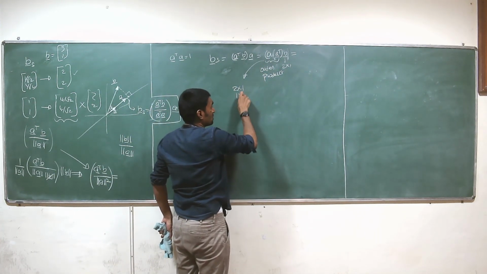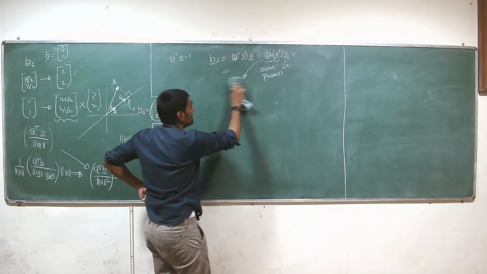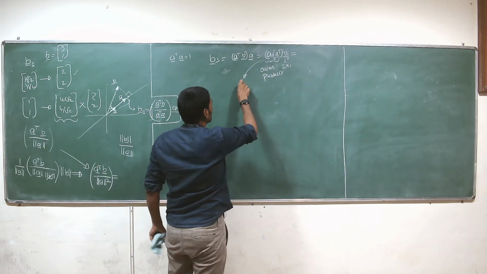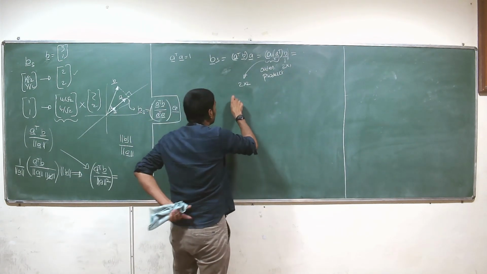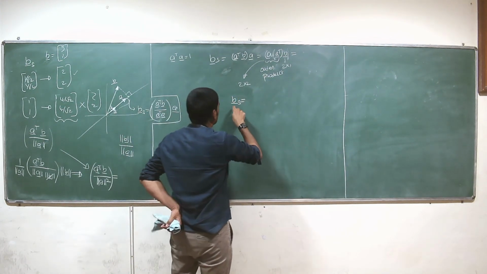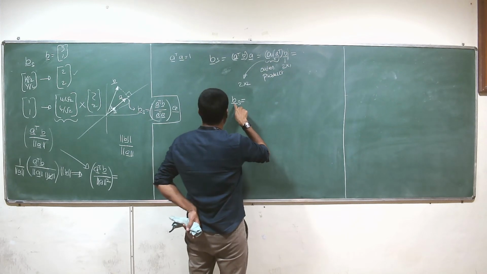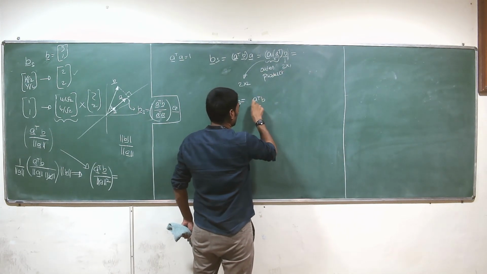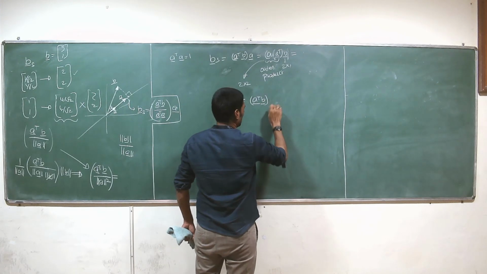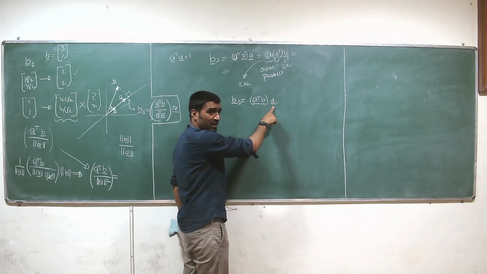This is of size 1 cross 2. What you get is a 2 cross 2 matrix. So it looks like you can write the orthogonal projection of B onto the subspace spanned by A like this, a scalar multiplied by A.